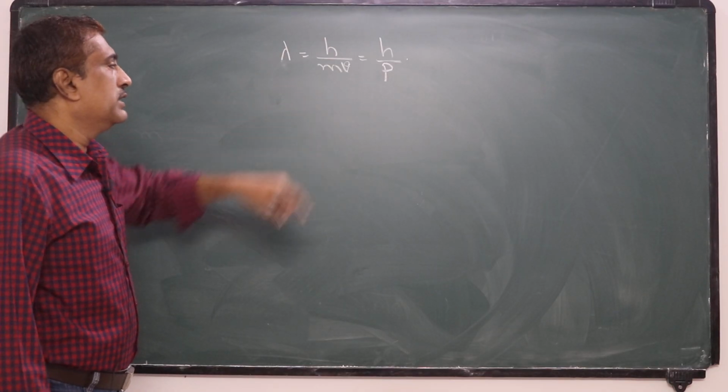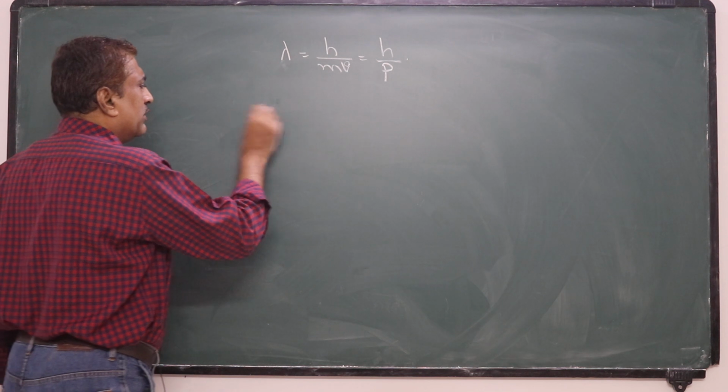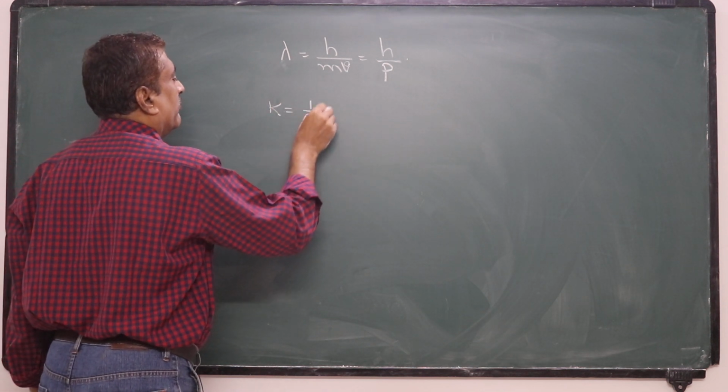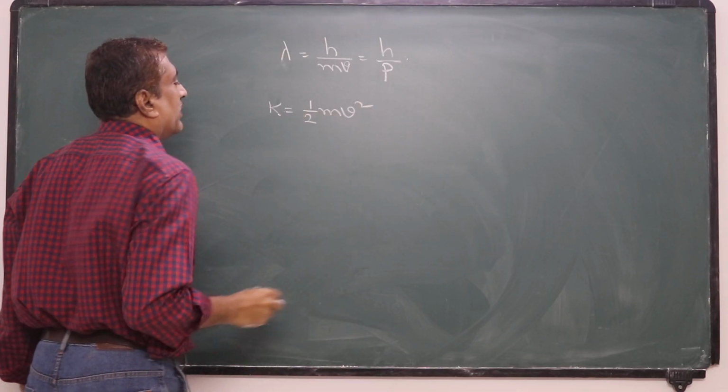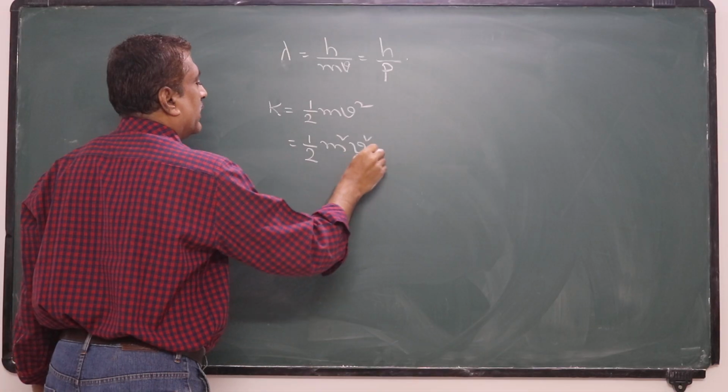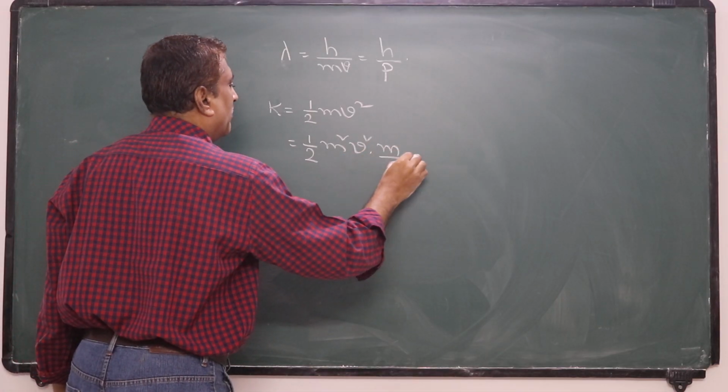Now, as we know, the kinetic energy K is equal to half mv square, and that is equal to half m square v square into m by m.